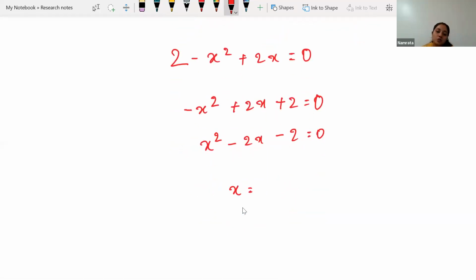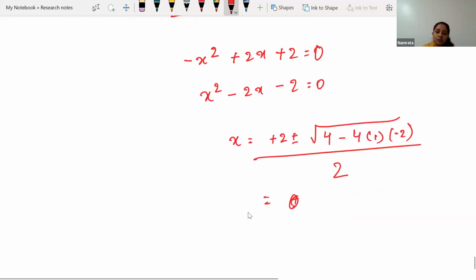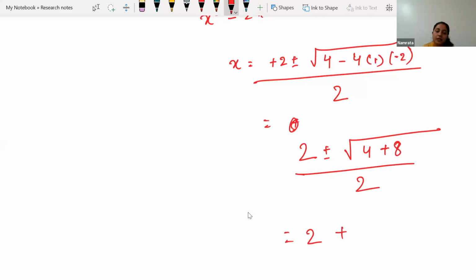So x is equal to minus b, that means plus 2, plus minus under root b square minus 4ac, so b square minus 4 into a into c, by 2a. Here we have 2 plus minus under root 4 plus 8 by 2, which is 2 plus minus root 12 by 2.